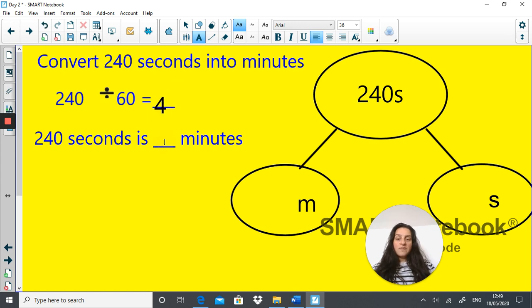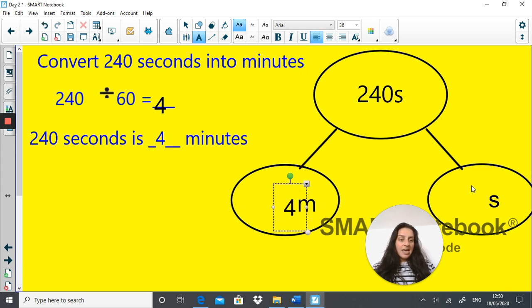So 240 seconds is 4 minutes. So in your part-whole model, it will be 4 minutes and 0 seconds. Hopefully after yesterday, we find these part-whole models a bit easier because we're getting back into the flow of practicing them.